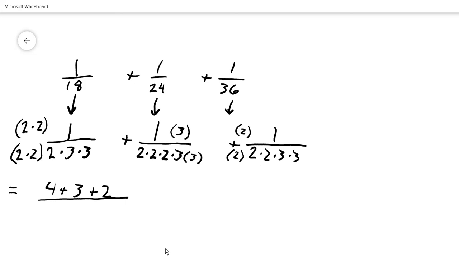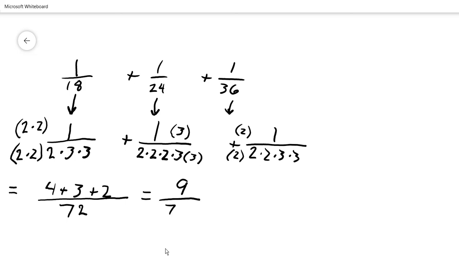Over the mystery number, the smallest possible number that can be divided by 18 and 24 and 36 is 2 times 2 is 4 times 2 is 8 times 3 is 24 times 3 is 72. Which, as you can see, is divisible by 3 because 7 plus 2 is 9. But you knew that, huh? Okay, now 4 plus 3 is 7 plus 2 is 9.